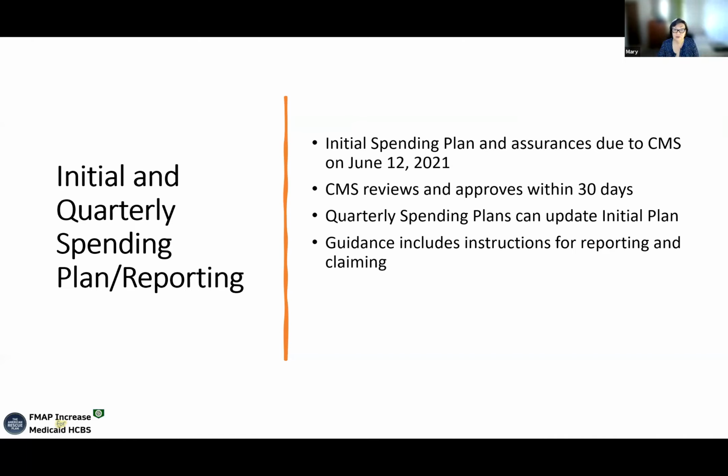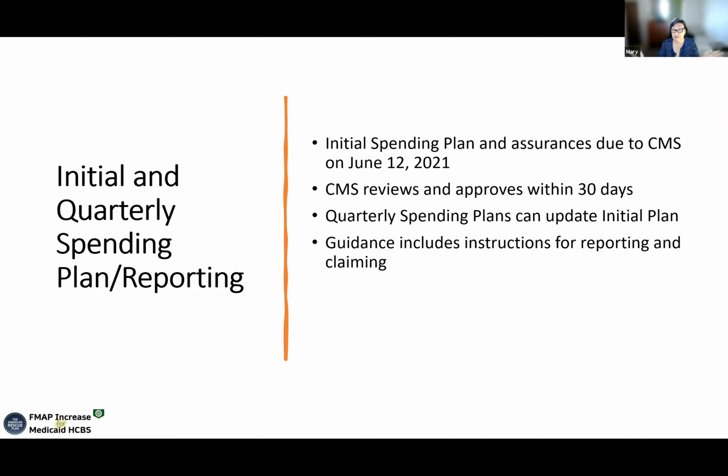So then what CMS does is they take your initial spending plan, they review it to see if it's in alignment with the requirements, and they will approve it within 30 days. And then there are quarterly spending plans where you can make updates. So again, like I said, the guidance includes instructions for doing the reporting and claiming.